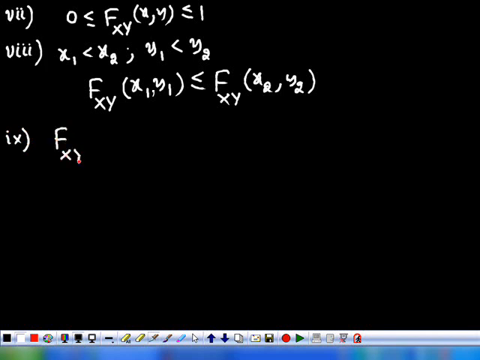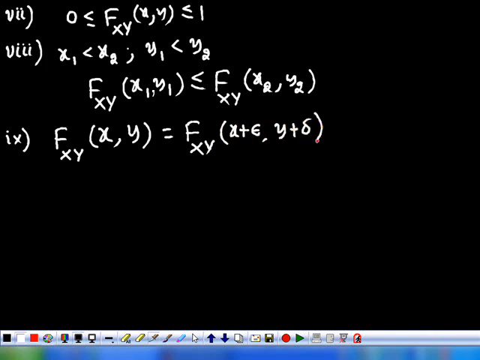So Fxy of x comma y is equivalent to Fxy of x plus epsilon, y plus delta, where the limit epsilon tends to 0, delta tends to 0.